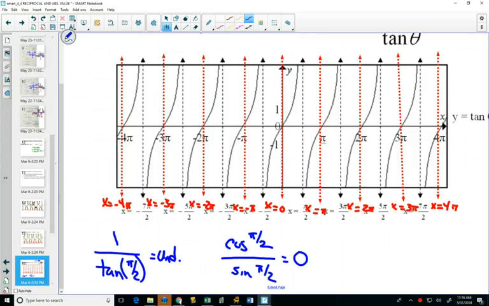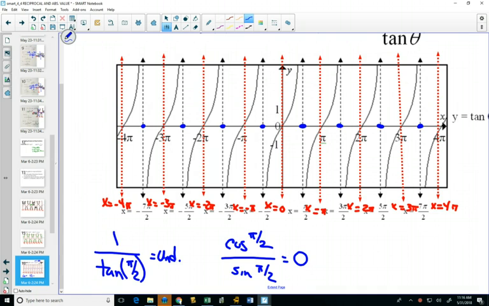So depending on which idea of cotangent you're going to use, it's either undefined or 0. And it is decided to use the cos over sine, so wherever there were asymptotes, those will all be 0. And that is the exception for cotangent.